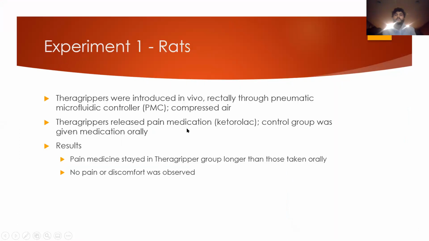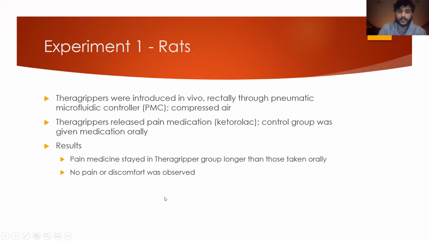So the experiment in rats was very successful. The Theragrippers were introduced in vivo rectally through a pneumatic microfluidic controller, which is just a shot of compressed air. They released pain medication. In this case, it was ketorolac. And then there was also another control group that was given oral medication, the same medication, just orally.